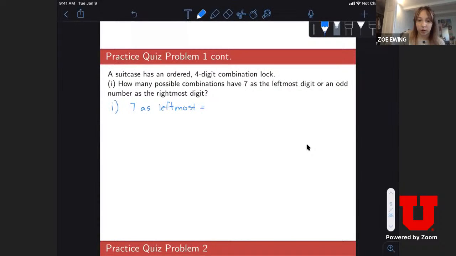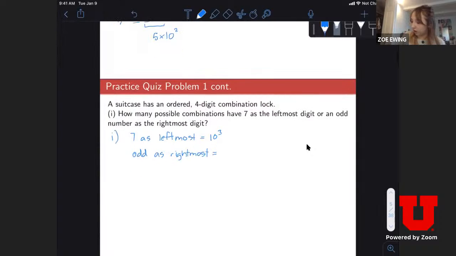And an odd number as the rightmost digit is 5 times 10 to the third.